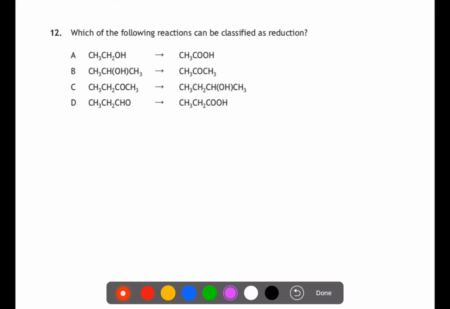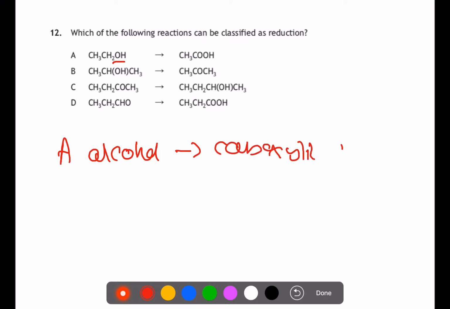Which of the following reactions can be classified as a reduction? So in A, we have an alcohol, and this is going to a carboxylic acid. So that is an oxidation. In B, we have an alcohol, and that is going to a ketone.